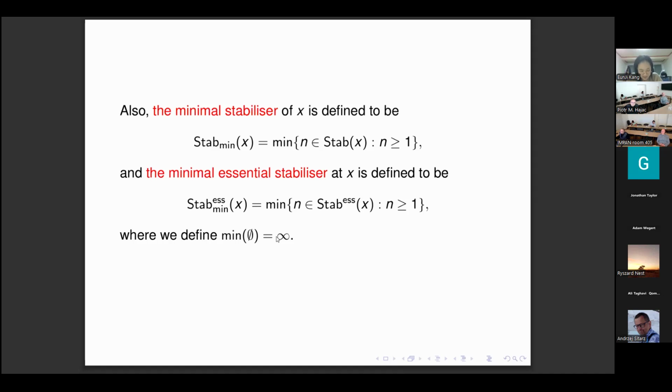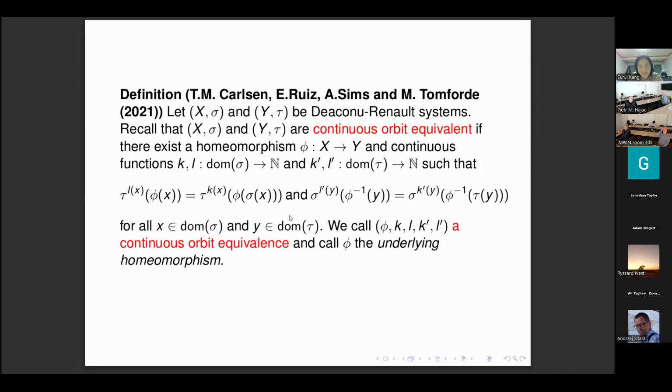This is defined as the smallest positive integer n such that n belongs to the stabilizer group of X. In other words, it's the smallest number of steps where sigma repeats itself at X. And then similarly, the minimal essential stabilizer at X is the smallest positive n such that it belongs to the essential stabilizer group.